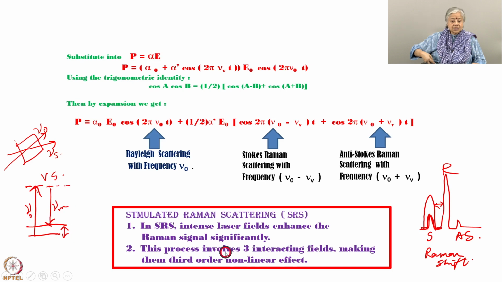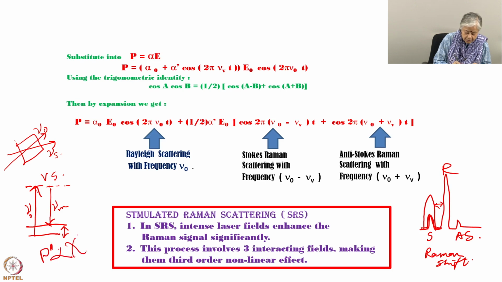That is why it is a third order nonlinear effect. Quite often Raman scattering is called a third order nonlinear effect. If you remember the polarization, here I will call it P dash because you will confuse between P, which is the dipole moment, and P is the polarization, is proportional to chi3 E cube.